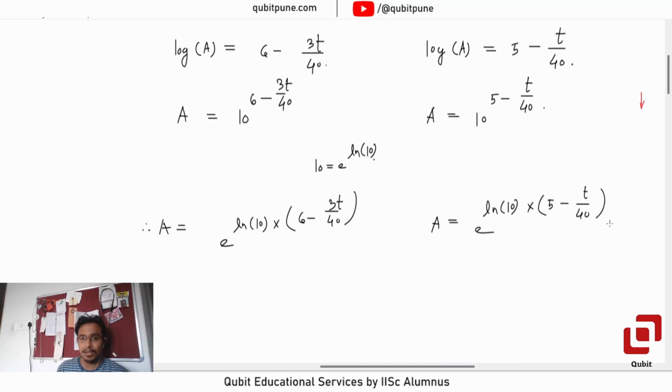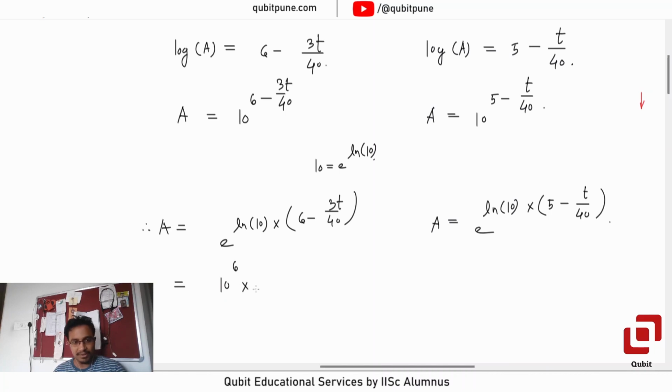Now if we ignore the constant part, because that constant part is just going to give us the initial activity and we don't care about that, even if we did, it would be just 10 raised to 6.